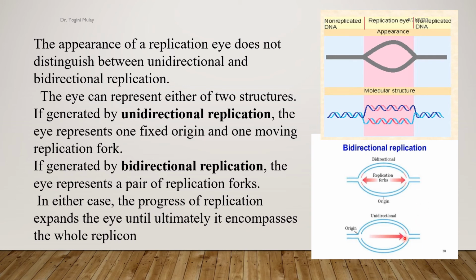In case of unidirectional, this will move in this direction, it will continue, and when it comes to this end, only then will it stop. So ultimately, in both cases, it encompasses the whole replicon, means it will cover the entire DNA of that particular DNA molecule.